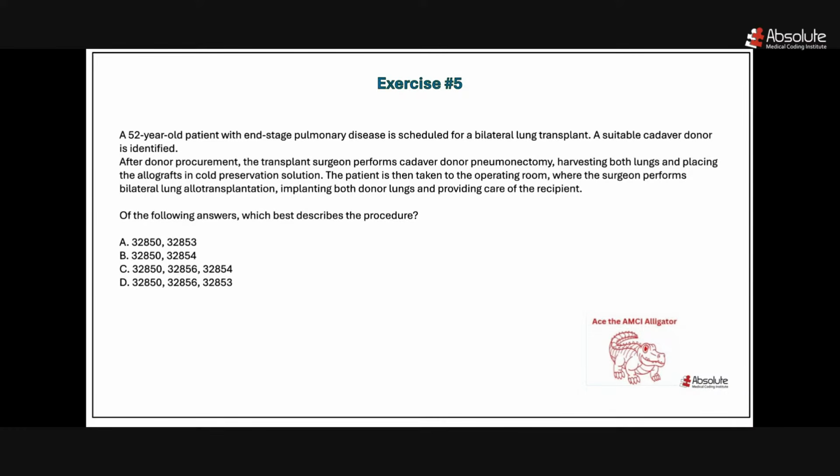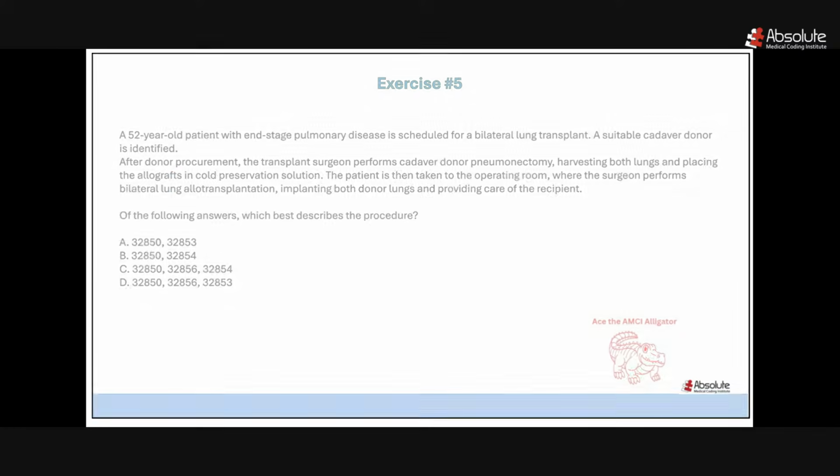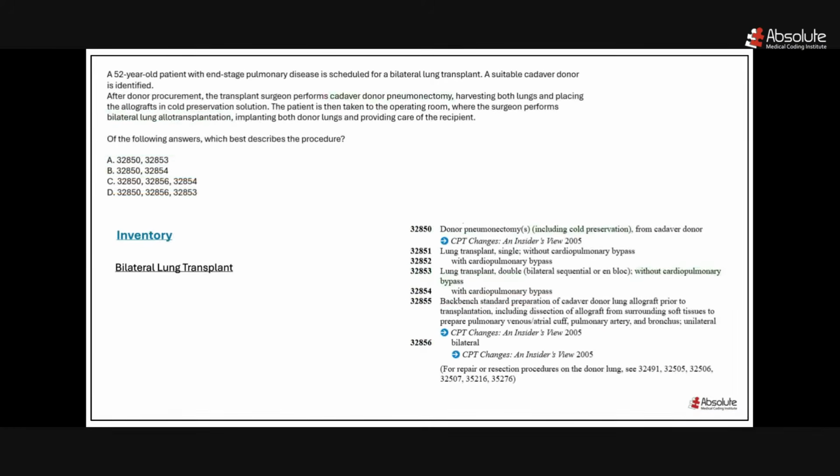All right, coders. Let me walk you through this scenario. We'll code this together, and let's do the inventory first. We have a bilateral lung transplant procedure performed, and the first step is your cadaver donor pneumonectomy. Yes, cadaver donor pneumonectomy was performed. After the donor procurement, the transplant surgeon performs a cadaver donor pneumonectomy, so that was clearly documented.